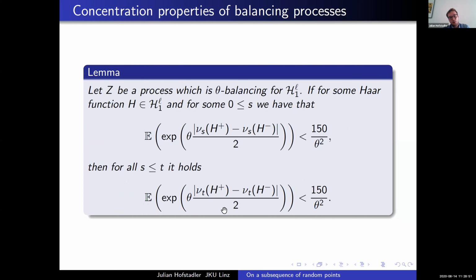Using this property, the theta balancing property, we can prove the following concentration property. Namely, if for some half function contained in H1L and for some time S, we have the following concentration bound, then we also know this concentration bound holds for all later times t.